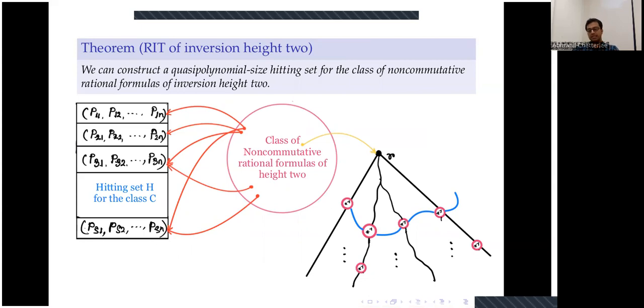For such a class, we can output a list of matrix evaluations such that if a non-commutative formula is non-zero, that is, if there is some matrix evaluation of some dimension in the universe, then the list that we are providing will be able to find a witness of its non-zeroness in that quasi-polynomial size list of matrix evaluations.